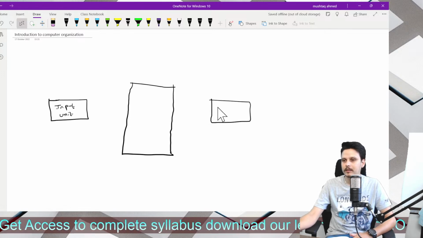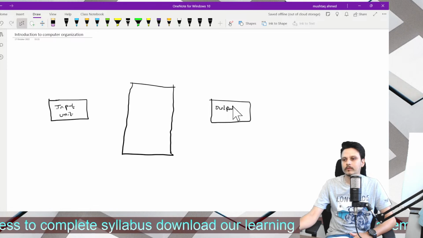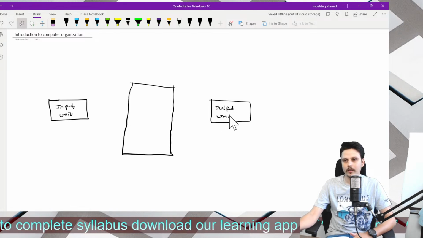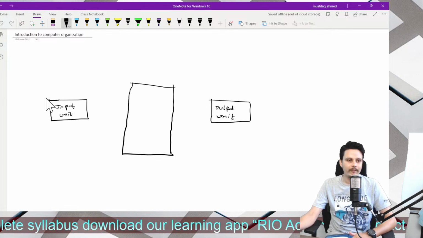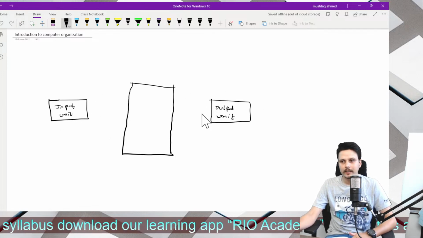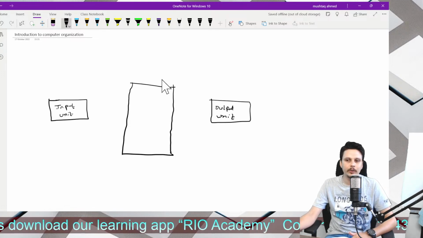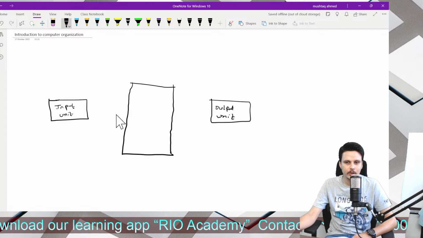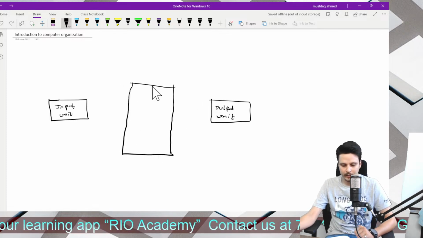Another one is the output unit. Then what is this unit called? This is also a unit, but what is the name of this unit?